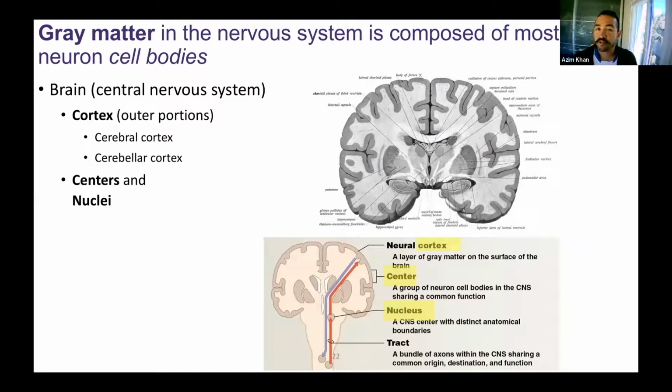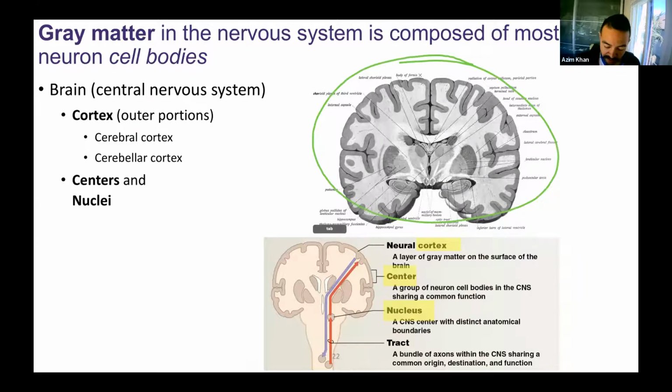When we look at the cerebral cortex and at the rest of the central nervous system, we see a slight difference in color. It's not perfectly gray versus white, but that's the name that we've given to these areas of the brain and spinal cord. If you look at this frontal coronal cut of the brain, you'll notice that there's a slightly darker tinge. This is not perfect coloration. This is an image.